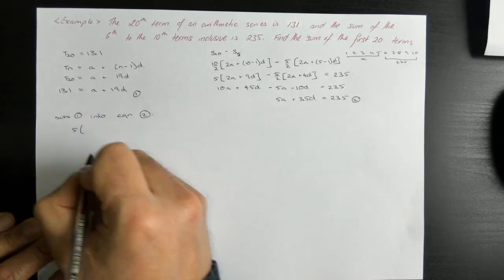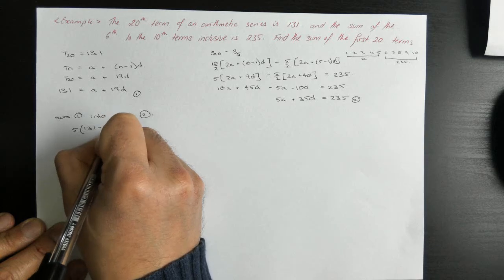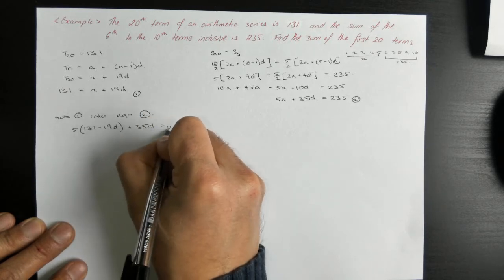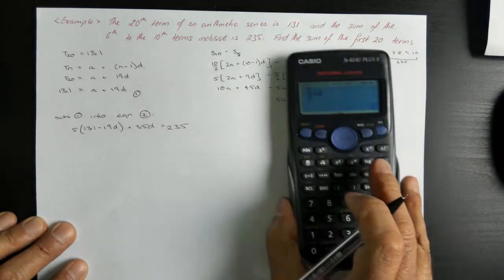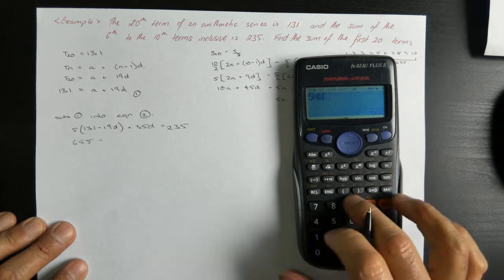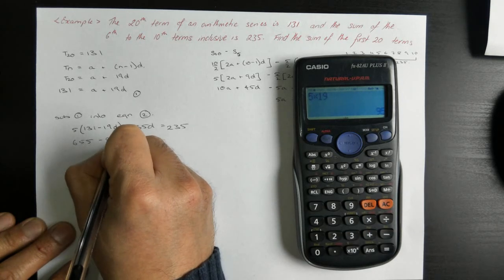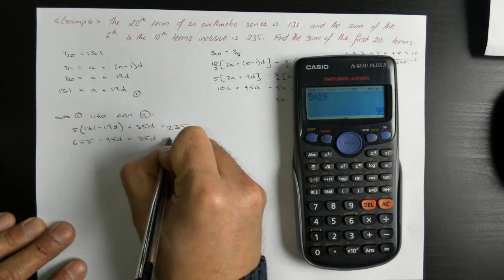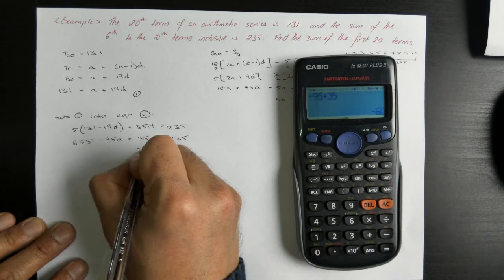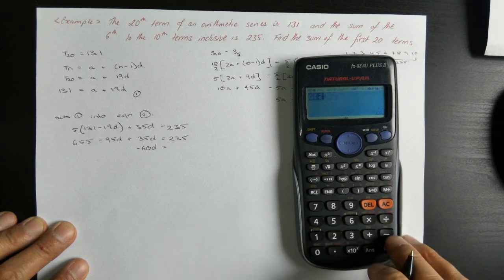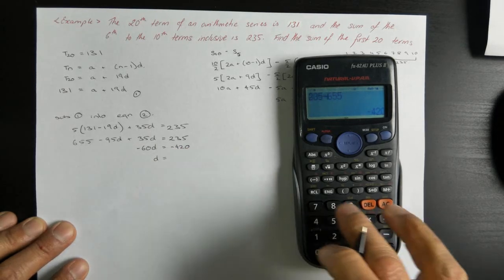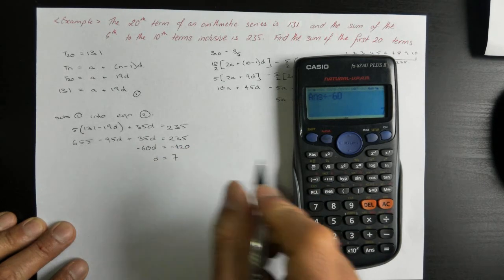So 5a is 131 minus 19d, plus 35d, which equals 235. 5 times 131, 5 times 19, so we get 60d, so d is equal to 7.